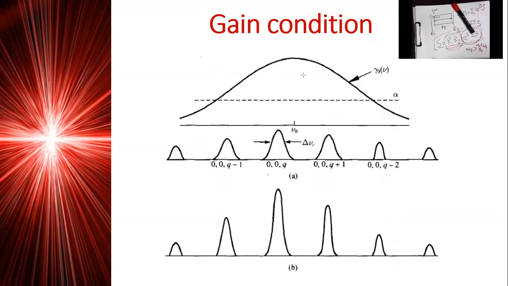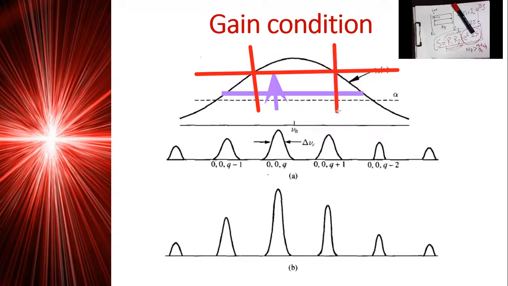Or you can narrow down this amplification zone. How can you narrow down this amplification zone? Simply by increasing the threshold value alpha. If you push this A value higher, let me make it with a red color, for example, then your zone will be limited from this point to this point only.